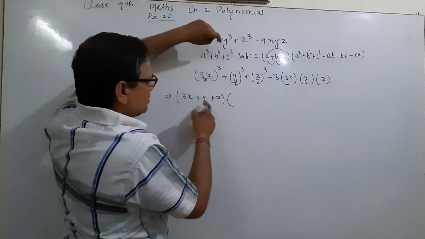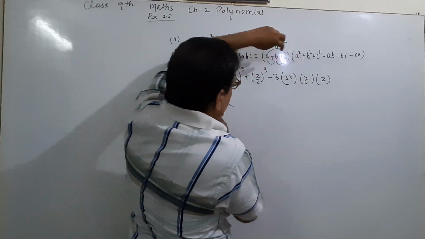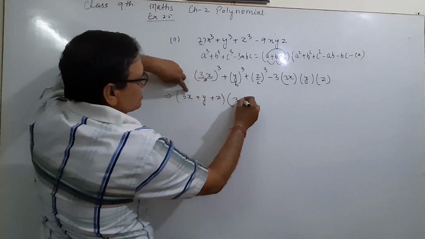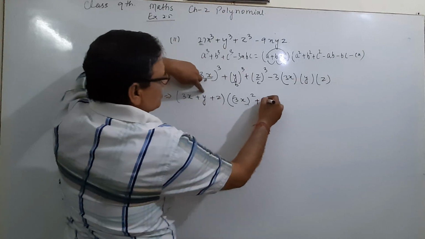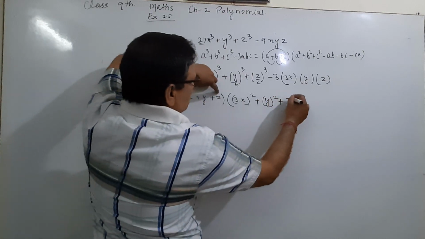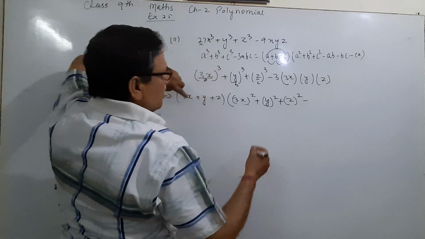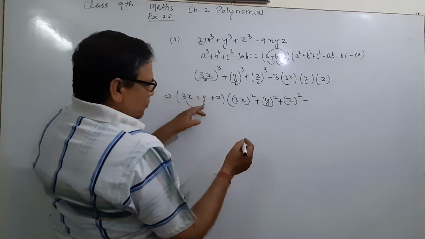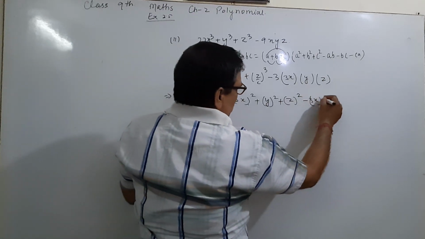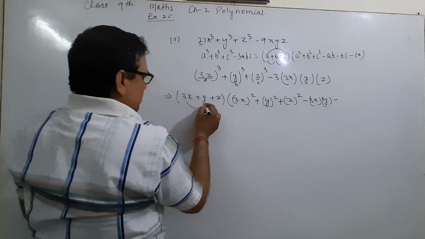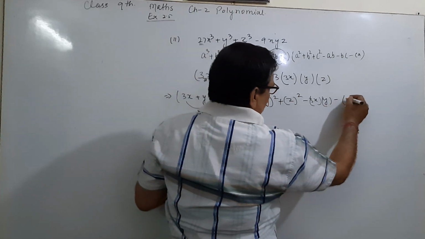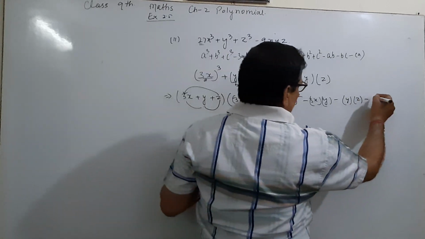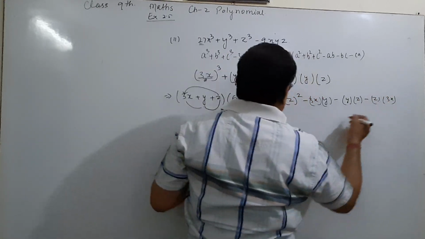Bracket close. And now a square plus b square plus c square minus ab. Square of this: (3x) square plus y square plus z square. Minus ab means a into b, 3x into y, minus b into c, y into z, minus c into a, z into 3x, and solve it.